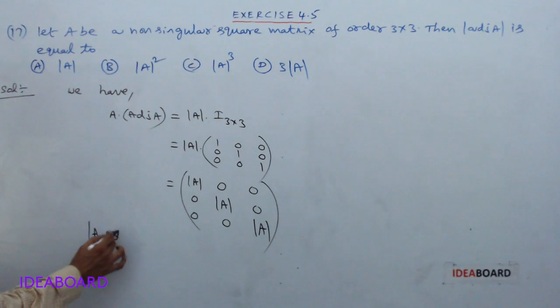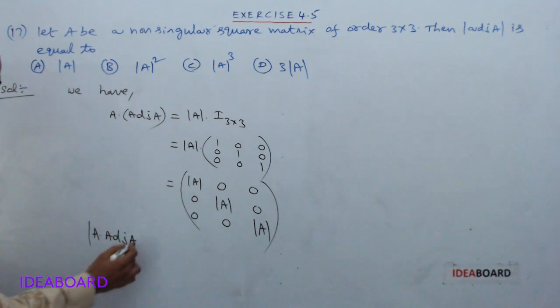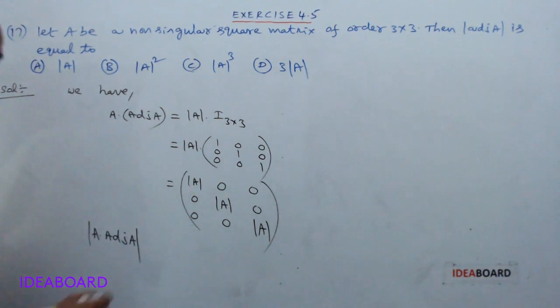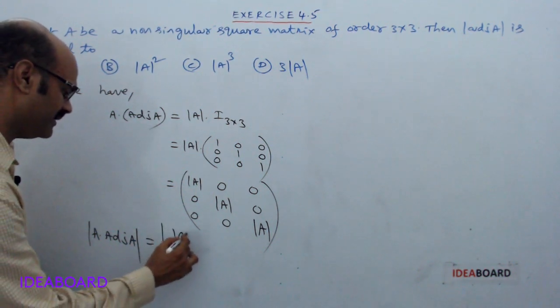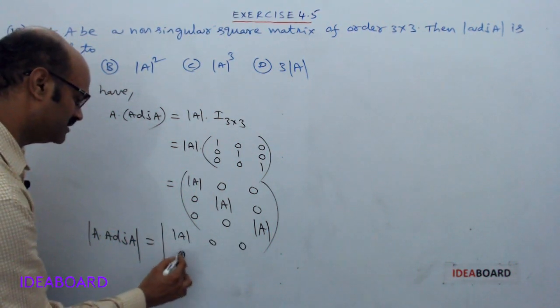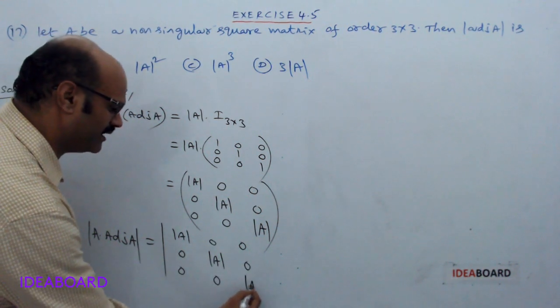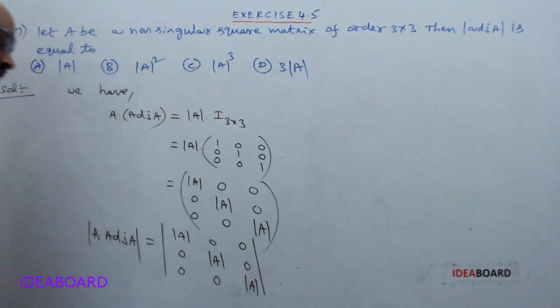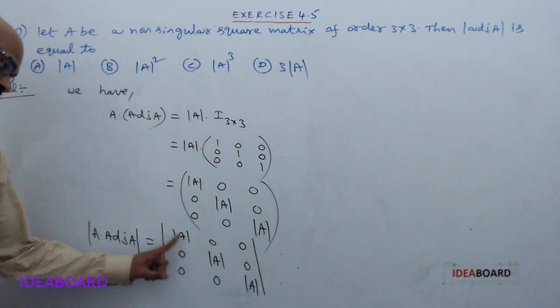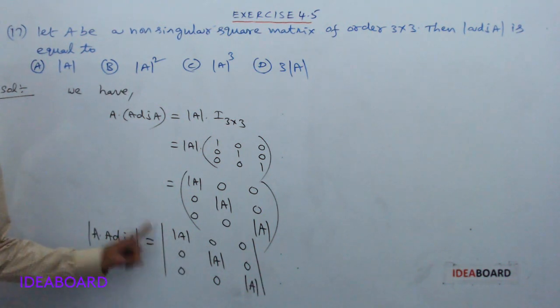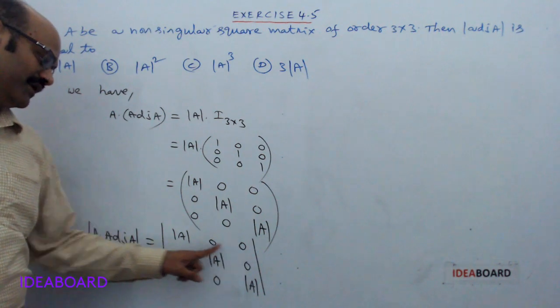Determinant of A into adjoint of A equal to determinant of det A 0 0, 0 det A 0, 0 0 det A. Take det A common from R1, since it is a common factor from R1.